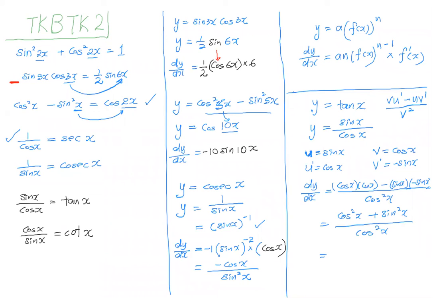Okay, can someone tell me what is the value of cos square x plus sin square x? 1, miss. So is it important to memorize this?